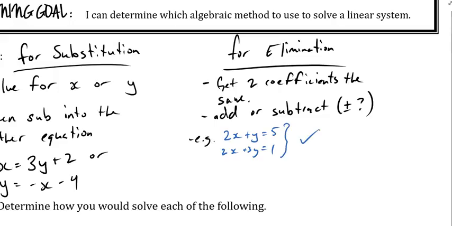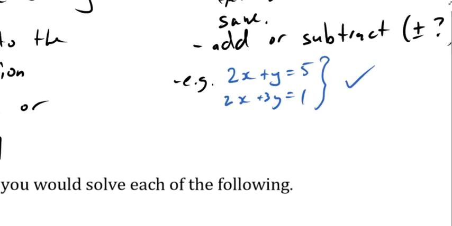Check. That's good because the x coefficients are the same. That's if they're not already the same coefficients, we can make them the same.